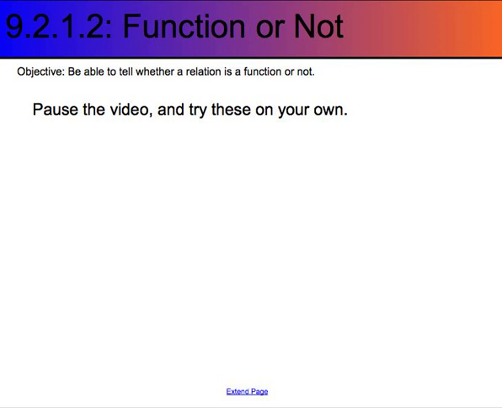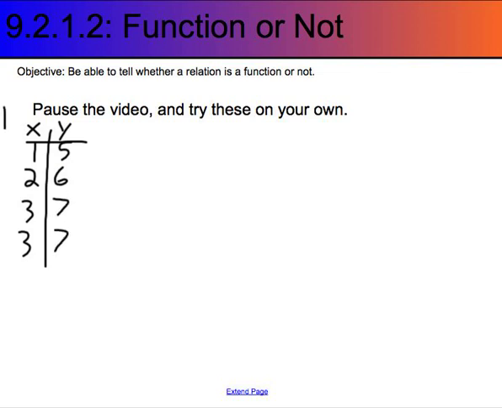All right, so I'm going to draw a couple up here, and once I have them up here, go ahead and pause the video and try these on your own. Let's see, the first one, let's do this table. So is that a function? Call that number 1. Number 2, let me give you a graph. This is completely separate from number 1.